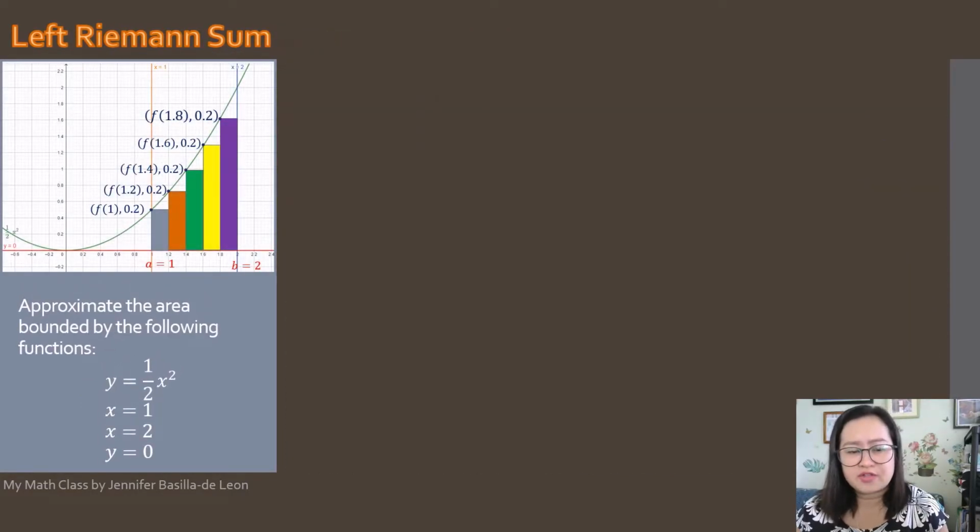Now to get the area of the region bounded by these functions, we can get the sum of the areas of these rectangles.